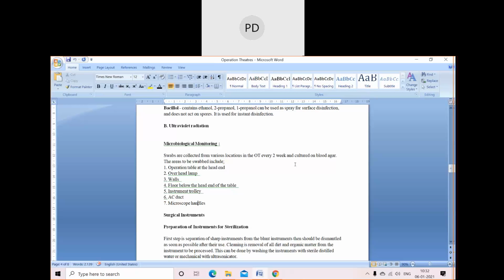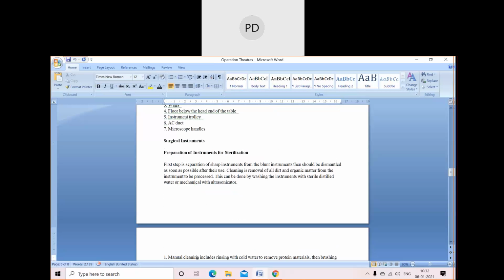We also have to take the AC duct swab, because that is the place from where air is circulated. And also microscope handles, because different persons touch them, so that swab also we have to take.